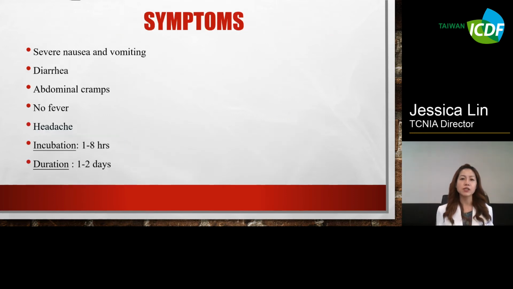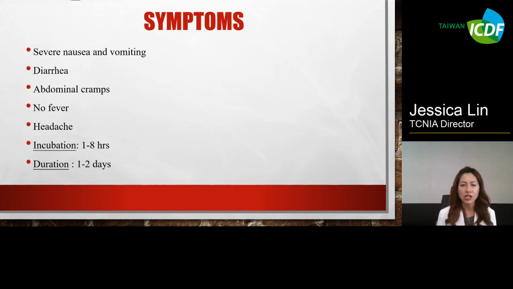The symptoms associated with Staphylococcus aureus are very similar to all the previous bacteria. It involves severe nausea and vomiting. It can cause diarrhea and abdominal cramps, but in this case there will be no fever, though there will still be some headache.